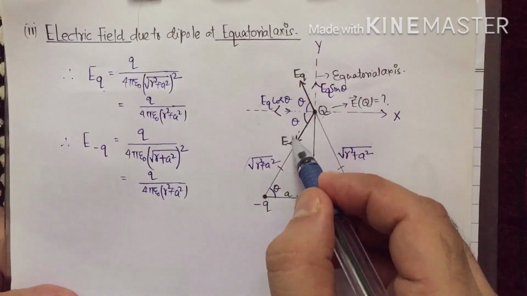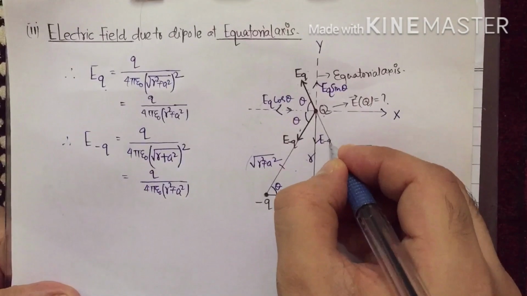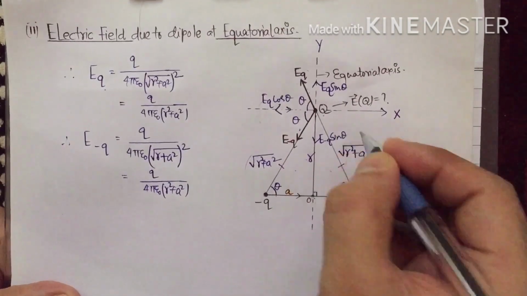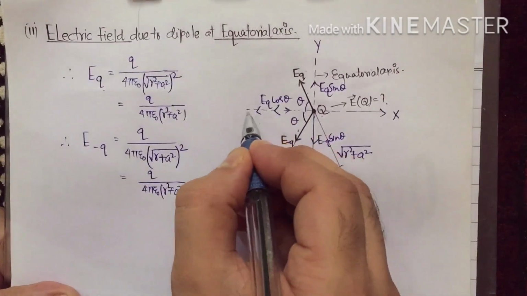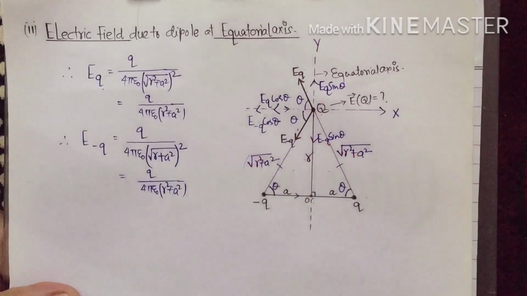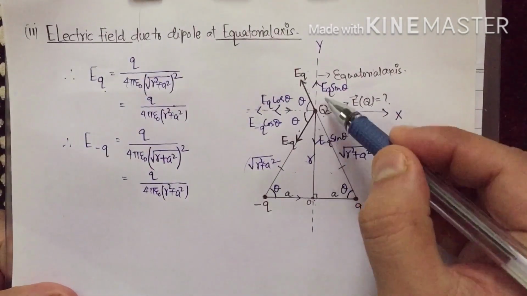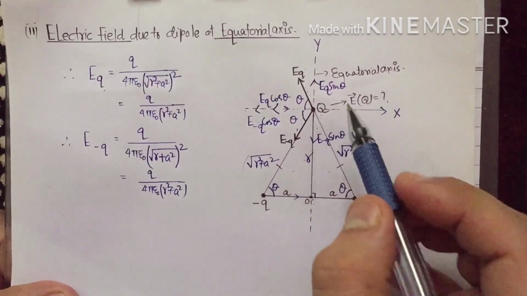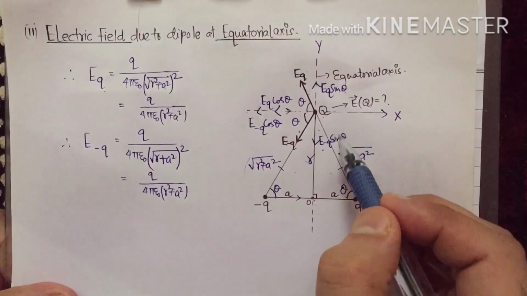Similarly, we can resolve this E minus Q into two components, one along the y-axis as E minus Q sine theta, and its component along the x-axis will be E minus Q cos theta. Now we can see the two vertical components will get cancelled because EQ and E minus Q are equal, and theta is the same for both electric fields.